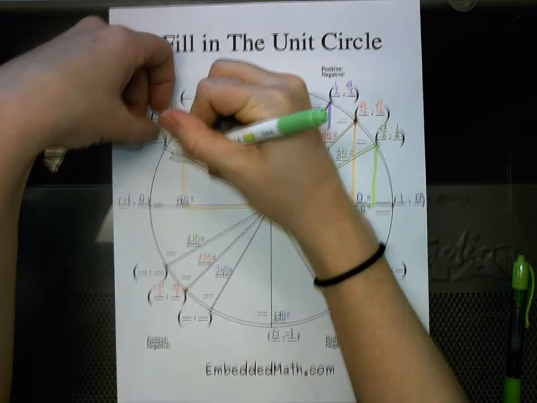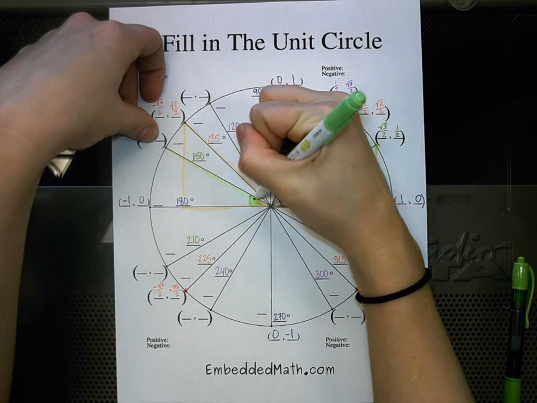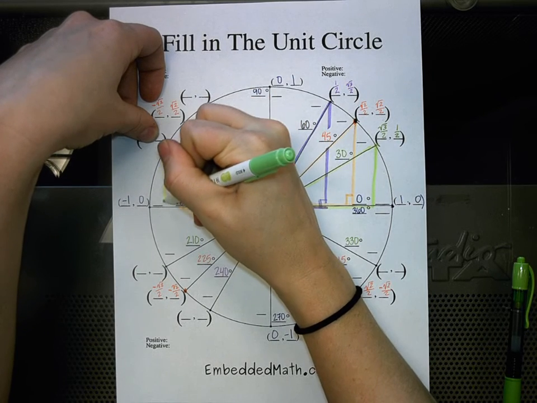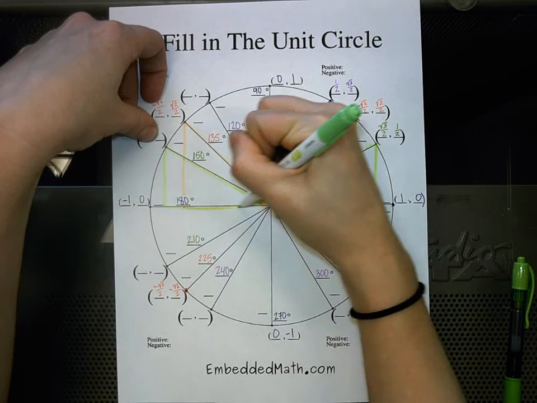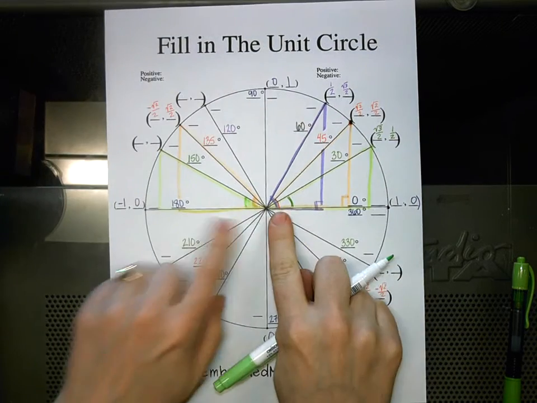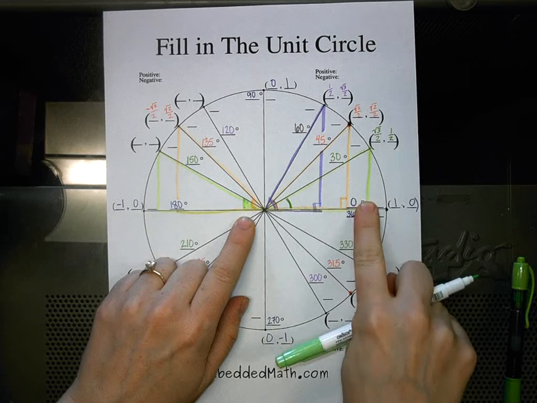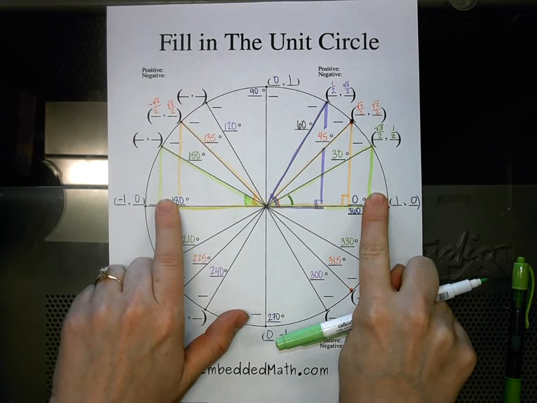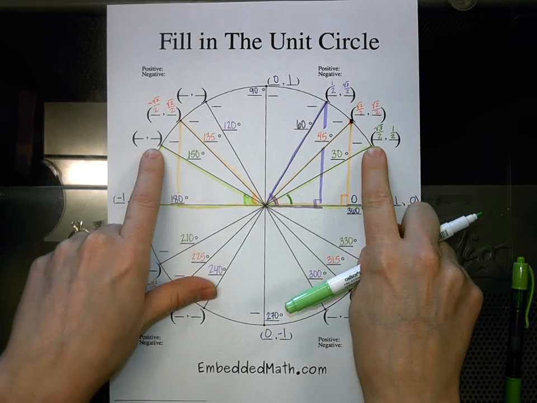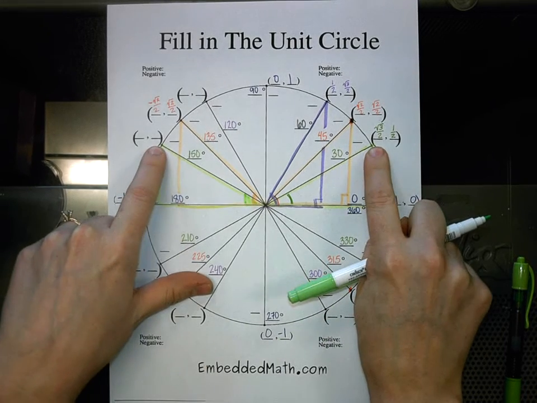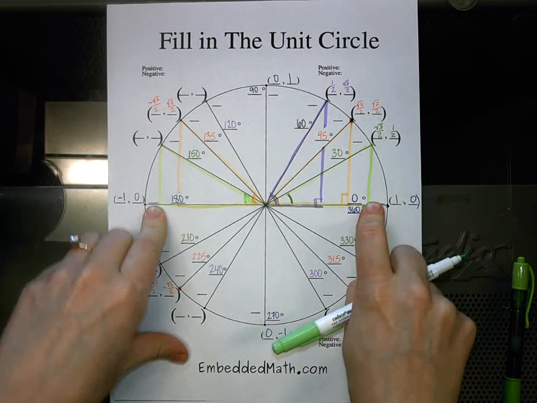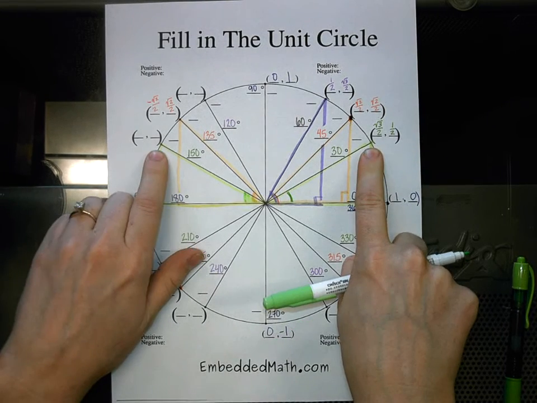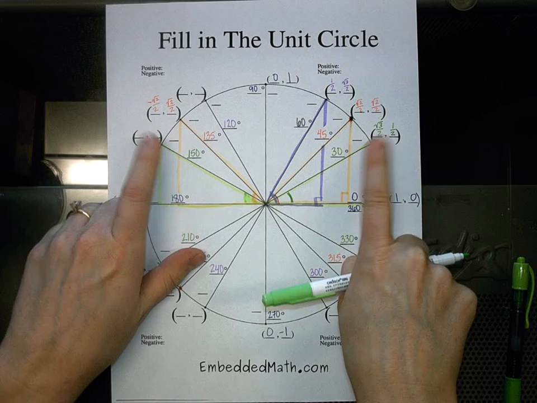So this would be a 30-degree reference triangle, which would match our 30-degree reference triangle on the right. See how this triangle has been reflected to the other side? Those coordinates are both closest to the x-axis out of all of the coordinates in their quadrant. See how they're both closest?